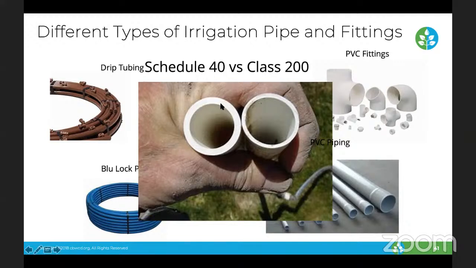So Schedule 40 pipe, again, the outside diameter is 3/4 inch, so you can buy the same fittings for both of these pipes, but the wall thickness is different, as you can tell. So Schedule 40, as the pipe gets larger, the walls get thinner.